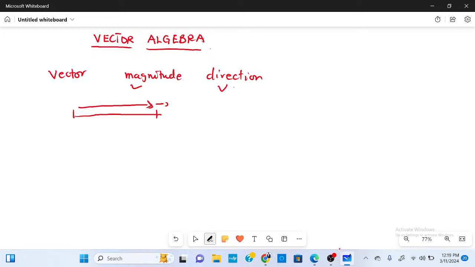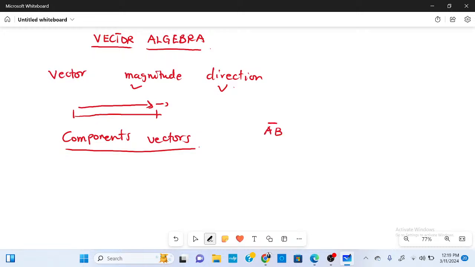In vector algebra, we have some points of interest which we are going to consider in vectors. First of all, we are going to consider component vectors, which is what we start with in this tutorial. The general notation of vectors is, let's say you have vector A, or vector AB.